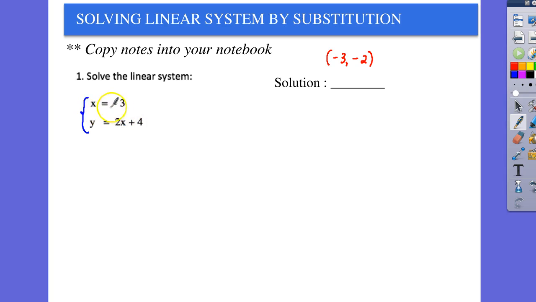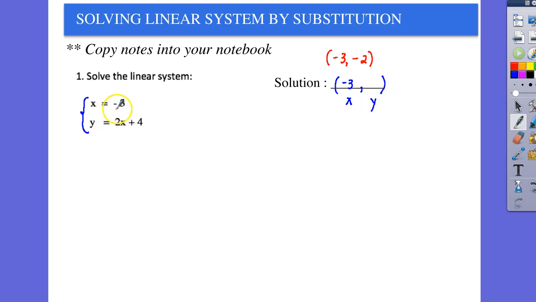You know that x is equal to -3, and you can use that information to solve for y, because you already know x is equal to -3. They're telling you x is equal to -3. So when you write down your solution over here, you already know this is x, this is y. I already know x equals -3 because they gave it to me. Now all I have to do is to solve for y.